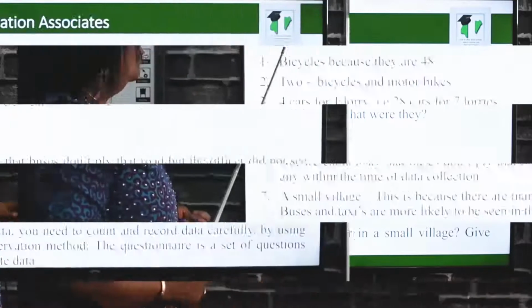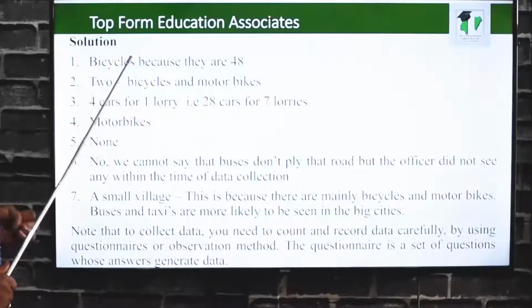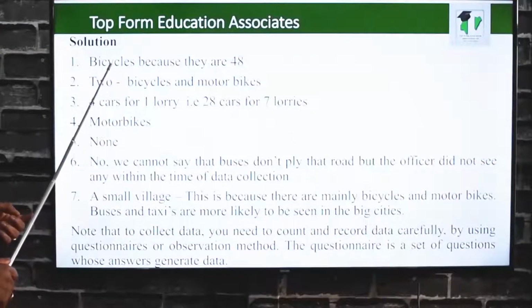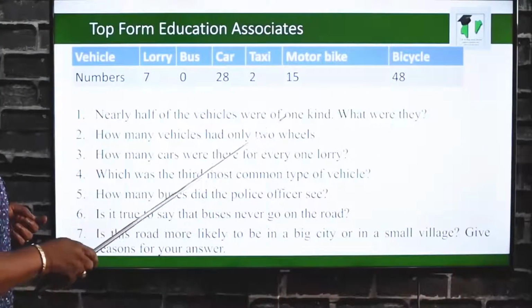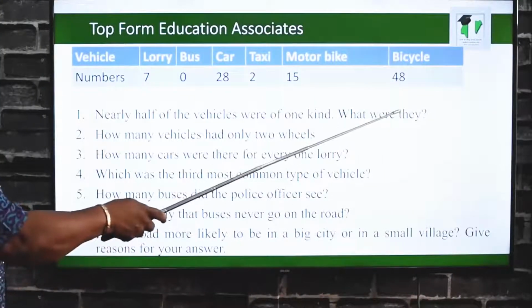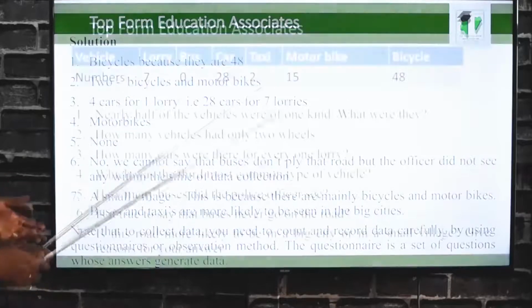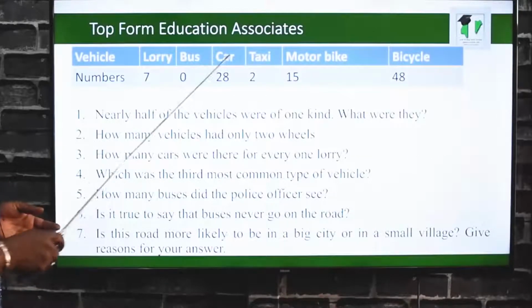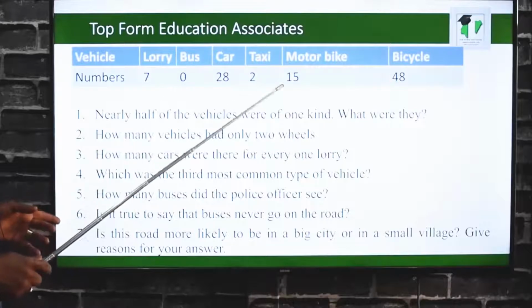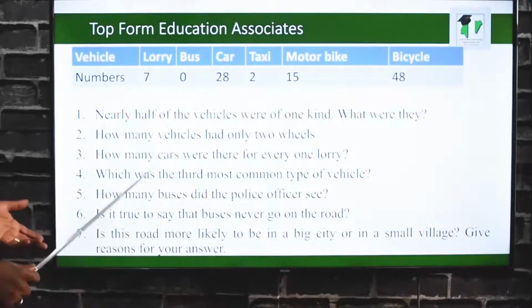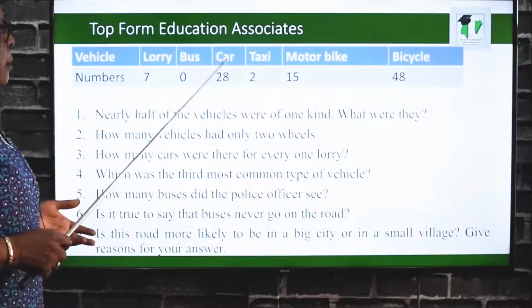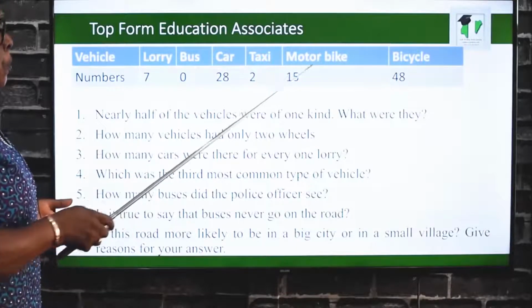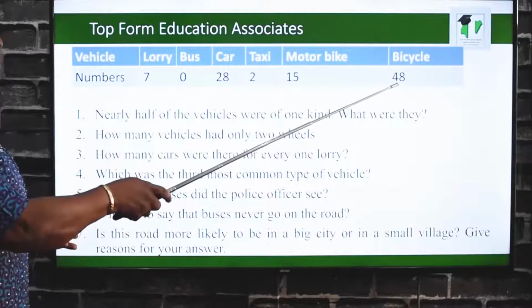Let's look at solution number 1. The question says nearly half of the vehicles were of one kind. What were they? Looking at the frequency table, lorries were 7, no bus, cars 28, taxi 2, motorbike 15, bicycle 48.